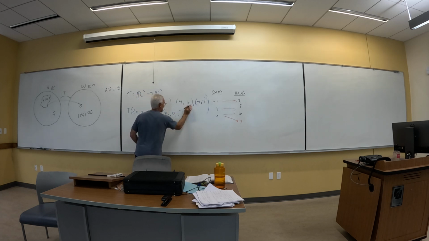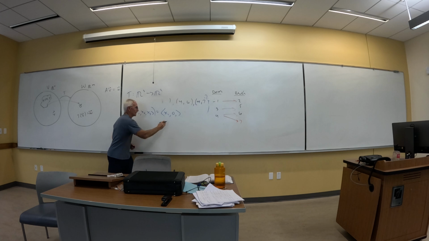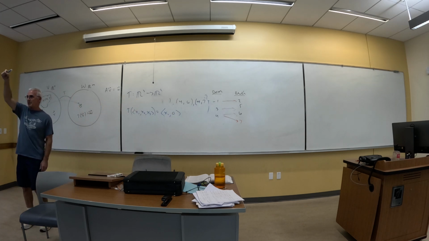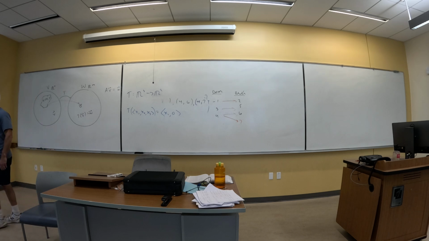I'm taking vectors in R3, and every one is sent to a vector on the x-axis that has the same x-coordinate, but 0 for the y-coordinate, and there's no z.